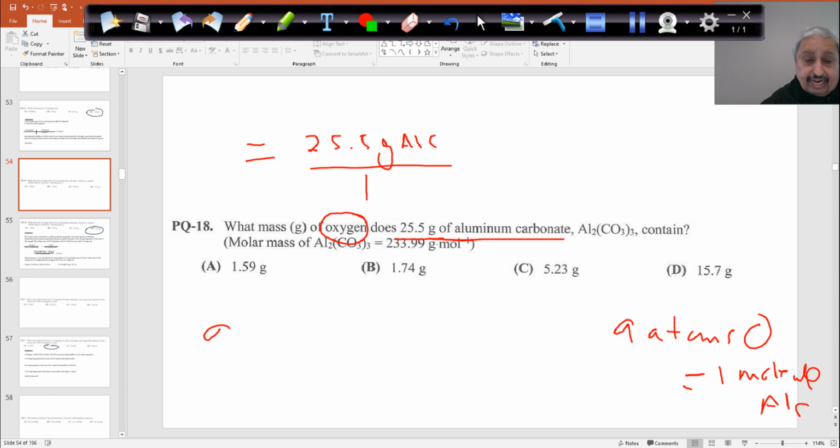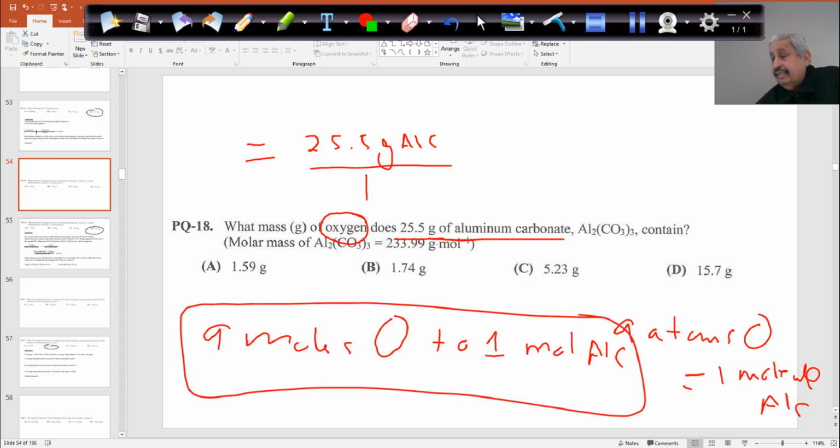Or I can say 9 moles of oxygen to 1 mole of the whole molecule, correct? So whether you express it as atoms to molecule or moles to moles of the whole molecule, either works.